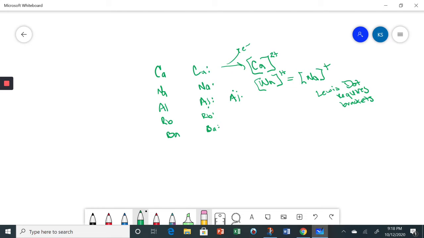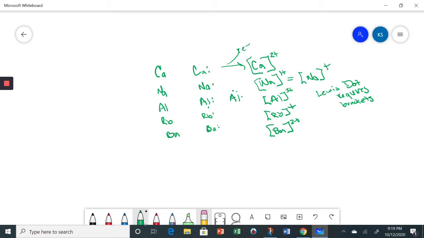Okay. If I go to aluminum, it's a metal. All dots come off. 3+. Rubidium, metal. All dots come off. Plus. Barium, metal. All dots come off. I've lost 2 dots. It's a 2+.